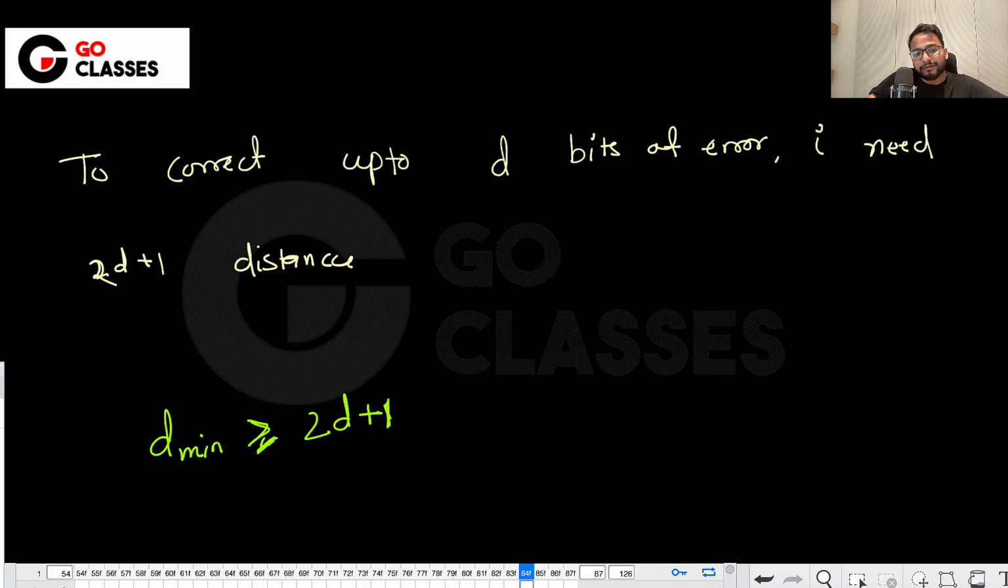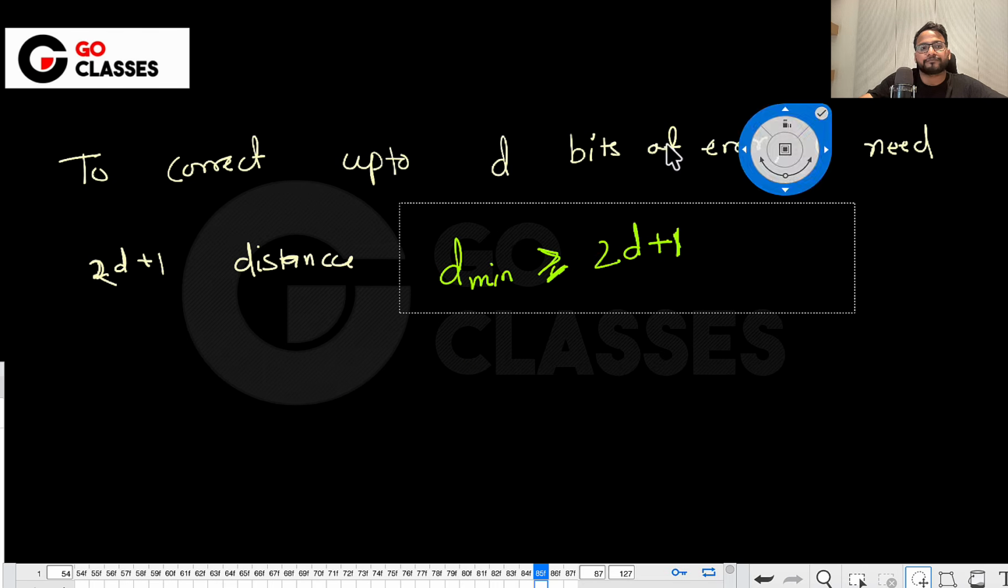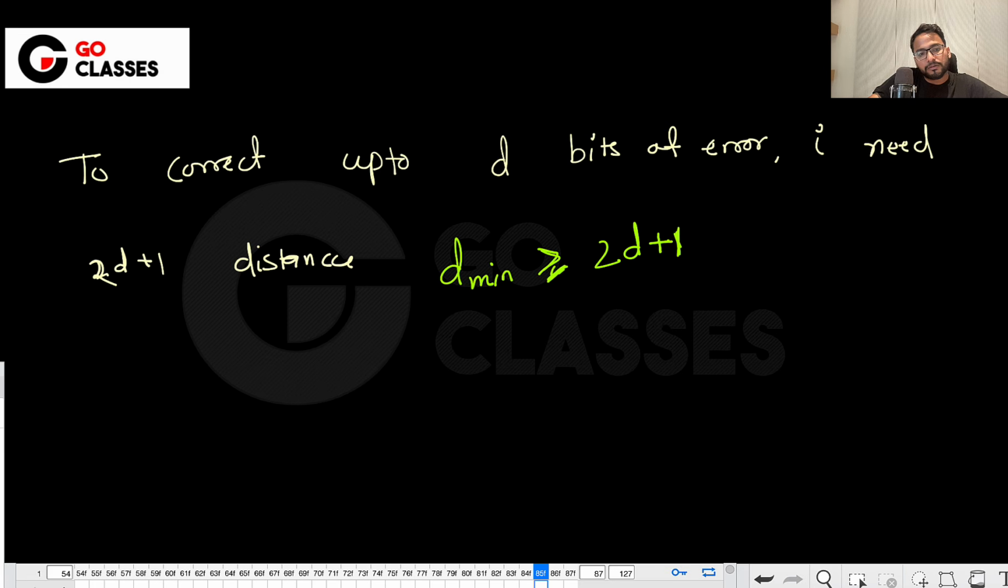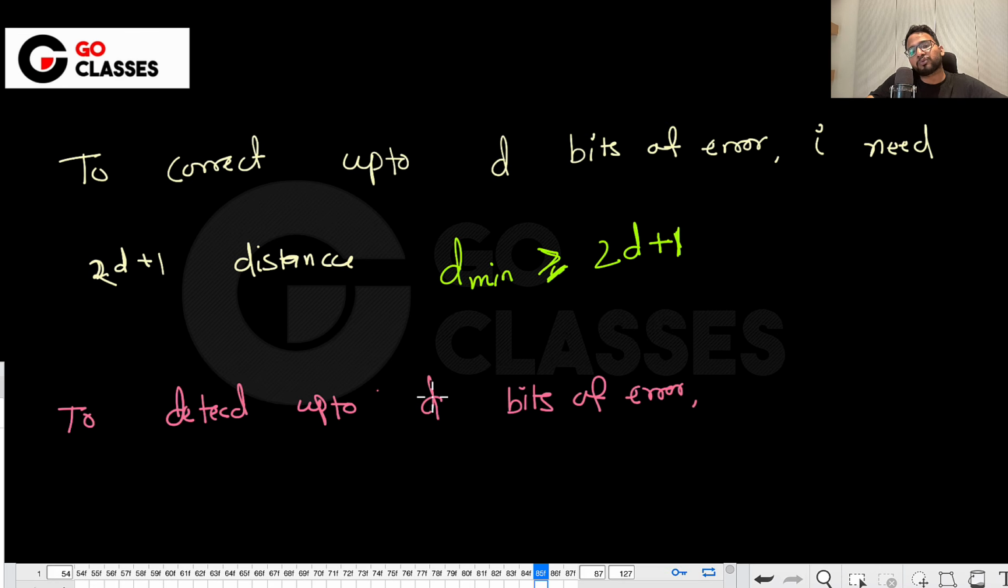And to detect, let's suppose I ask the same question, but to detect up to d bits of error, what should be the distance if I want to detect d bits of error? If I want to detect 4 bits of error, then 4 invalids must be there in between, right?